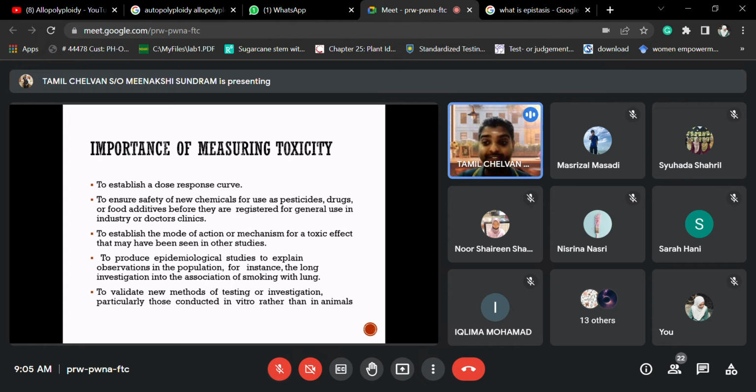So before they start with animal tests, they will do in vitro tests, outside of a living organism. Maybe they will take one kind of organ or anything and try to test that. That is called a new method. So once they have tested in vitro and they think it's correct, they start to do it in animals and then humans.